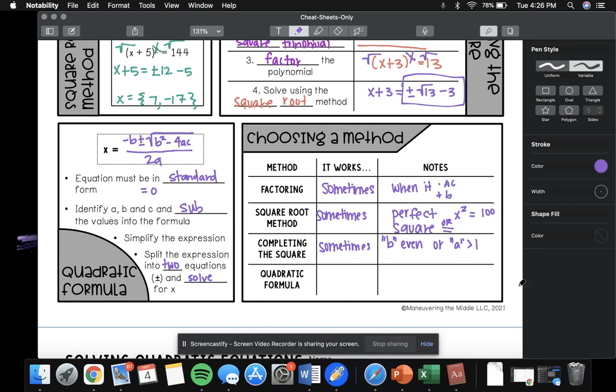So these sometimes work, but the quadratic formula always works. It does not matter what kind of problem you have. You can have big numbers, small numbers, anything like that. Just take your time. All right, so today we're going to practice using all of these different methods.